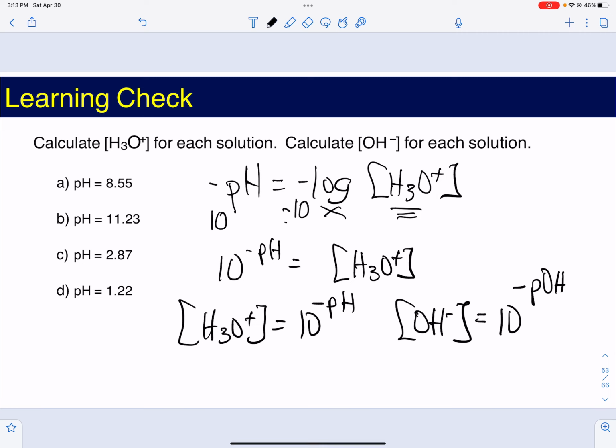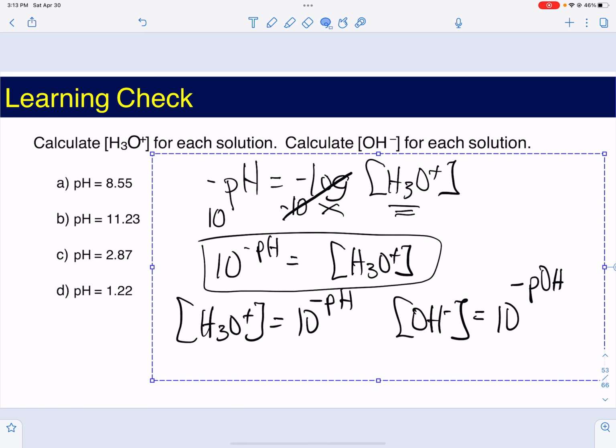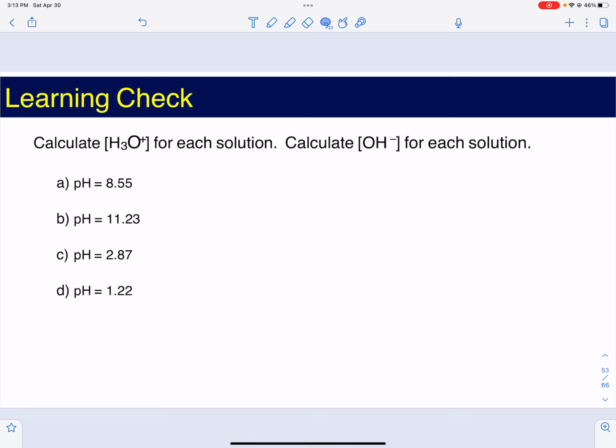And they come because we are eliminating that, which gives us that over here. So let's do these problems. So the hydronium concentration is going to be 10 to the minus 8.55.